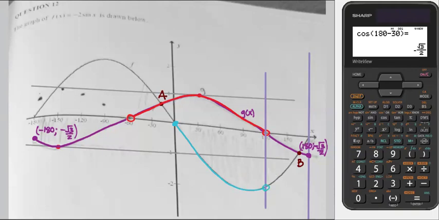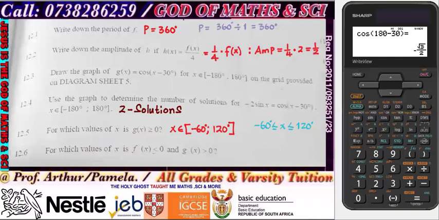So your solution starts from 0. We take 0 and go just before 120. So we will write it as x is an element of, using square bracket for the 0 degrees, semicolon, 120, we go round bracket. Or you could write it as 0 less than or equal to x less than 120 degrees, without the equals sign.